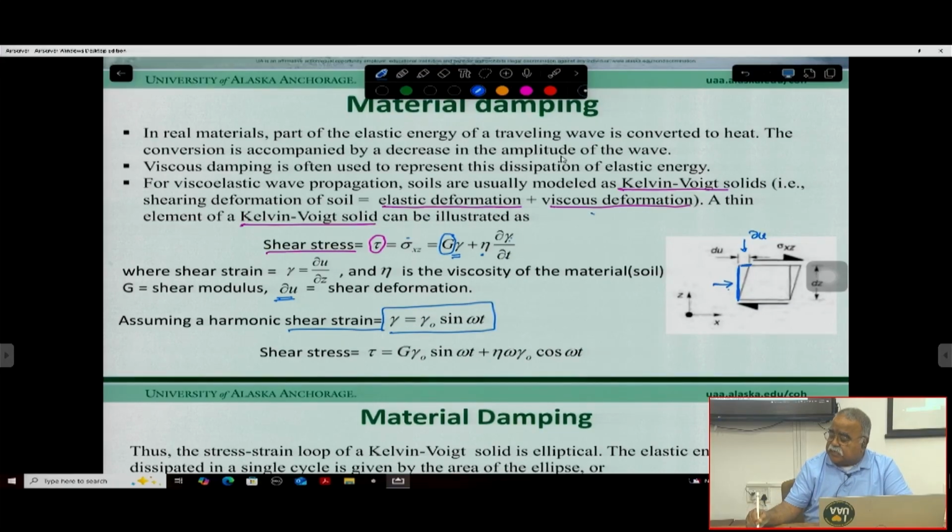Then for your shear stress, you can write G times gamma, replacing gamma with gamma 0 sine omega t, and d gamma by dt equals omega gamma 0 cosine omega t, right? So that is basically your shear stress values, okay?